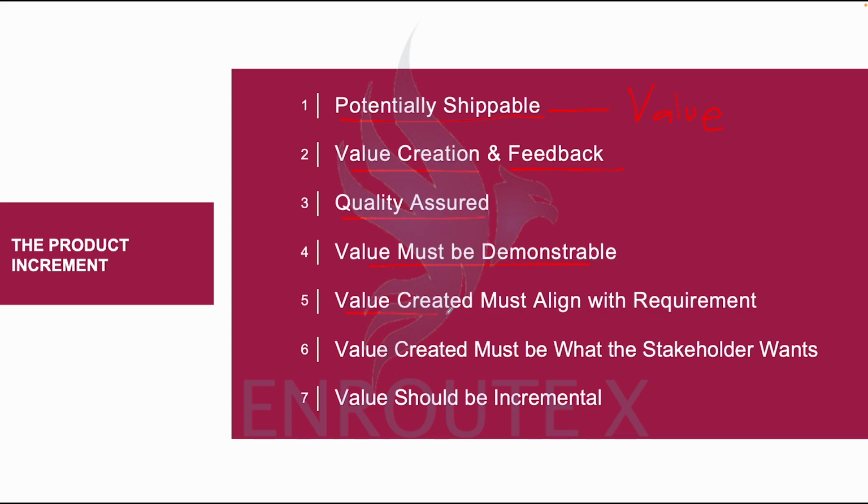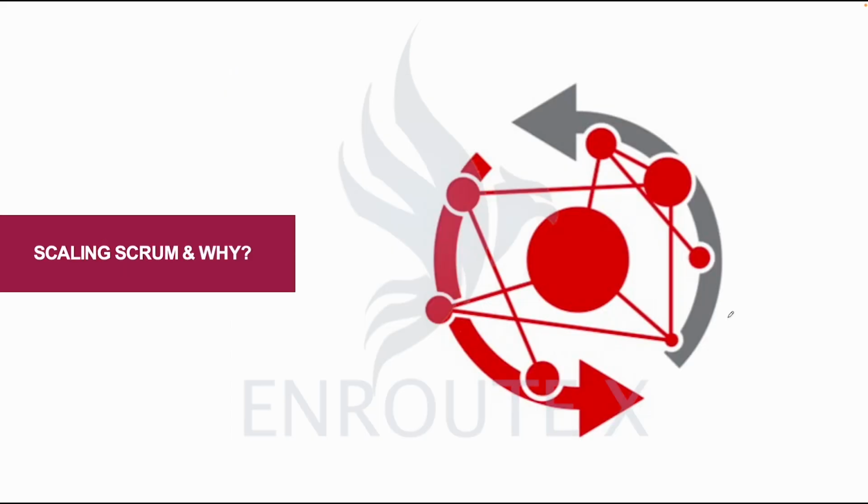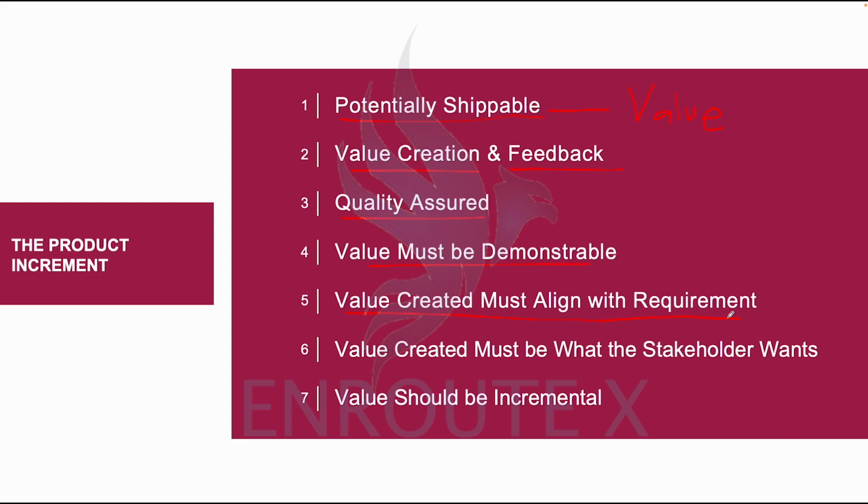In addition, that value must align with the requirements. So you need to be sure that you are delivering what the end users want, what the stakeholders want, or what they gave at the beginning is what you are delivering. At the beginning of a sprint, the stakeholder asks you to lay some block walls.